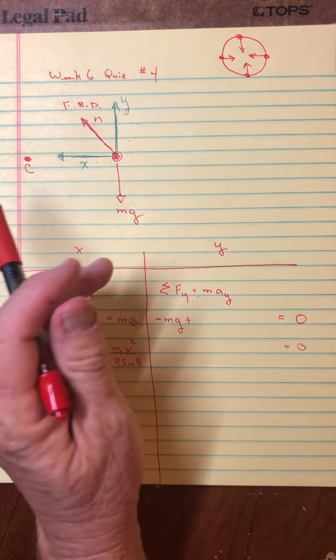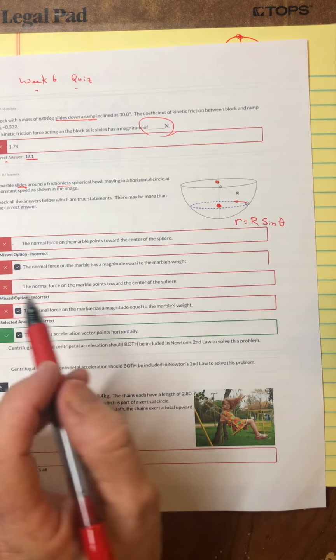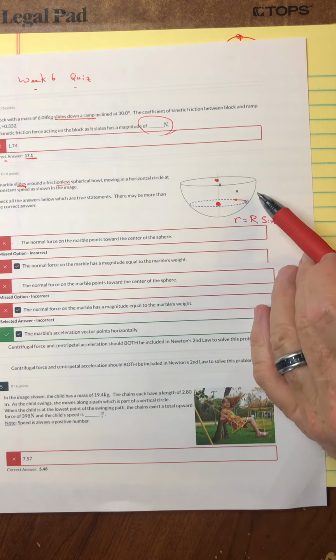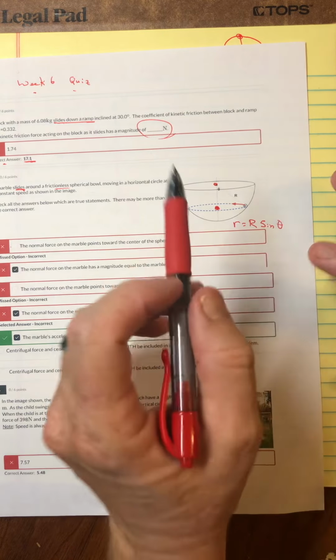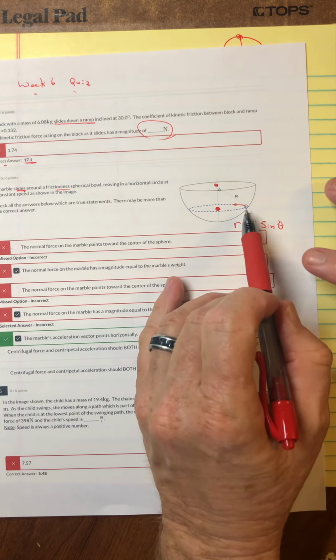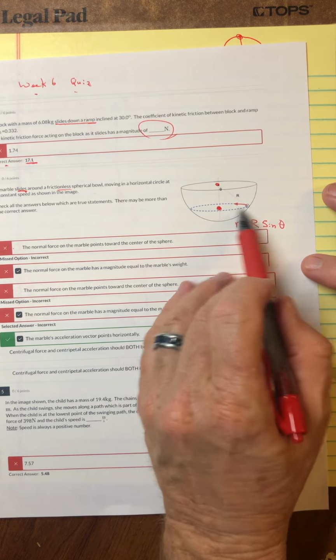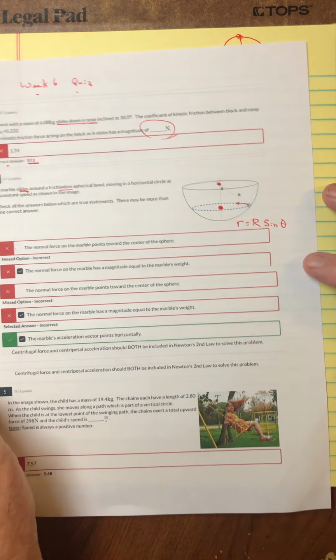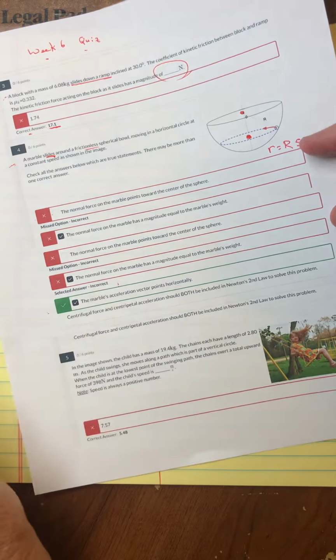This problem is different in the sense that it's going in a circle. Yes, there still is a slope here, but that's not the reason I picked my axes. I picked my axes in the direction of the acceleration, and since it's going in a circle, the direction of the acceleration is towards the center of the circle, which in this case is horizontal, which is one of the questions here.